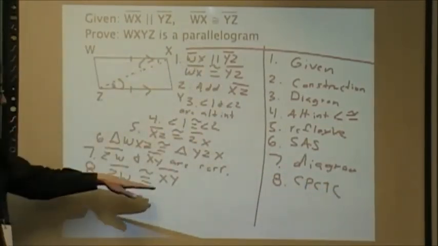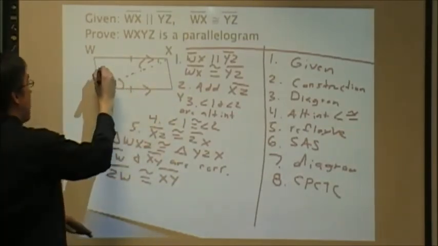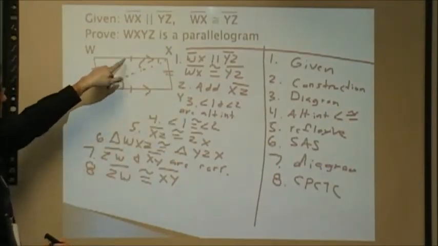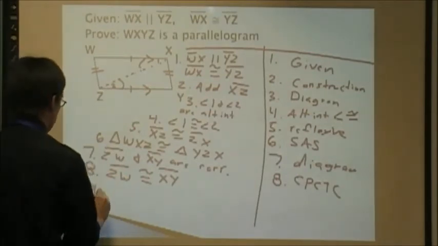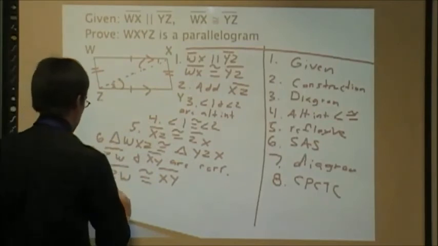And then noticing from that, opposite sides are now congruent, and opposite sides are now congruent. So what that shows us is that WXYZ is indeed a proper parallelogram.